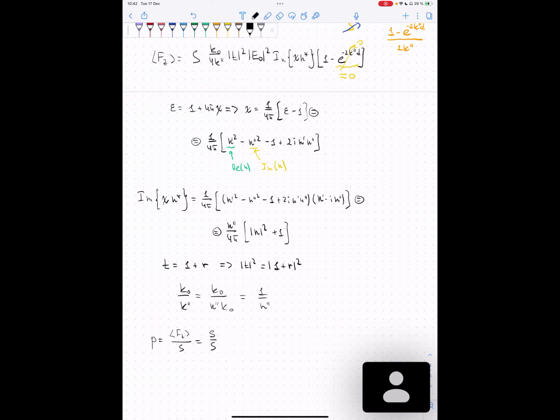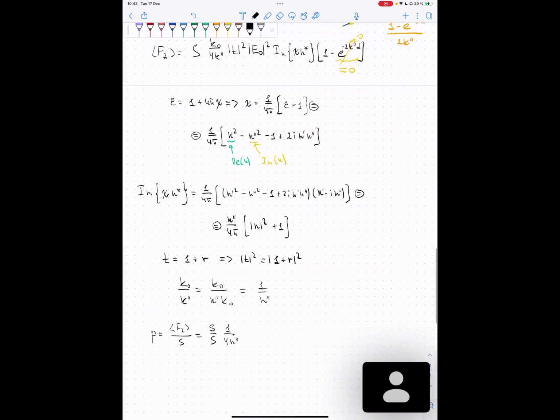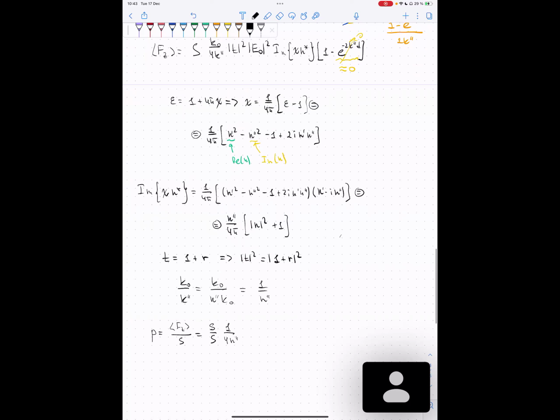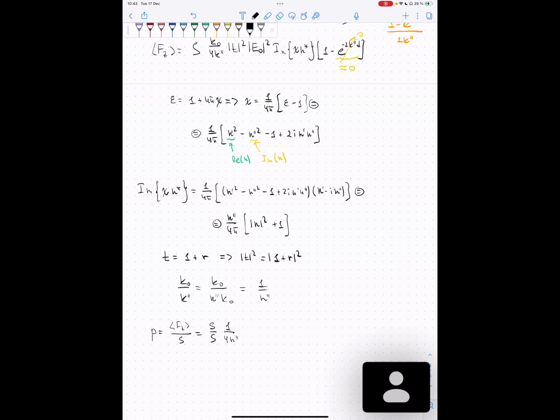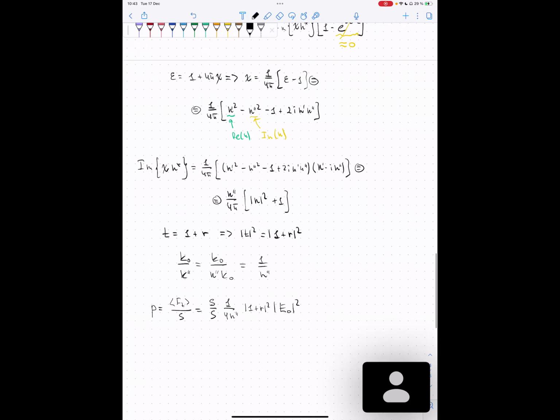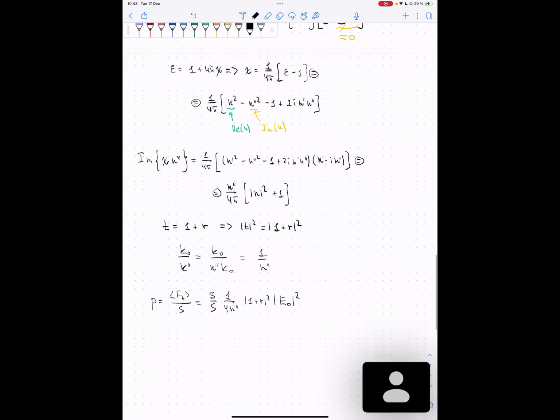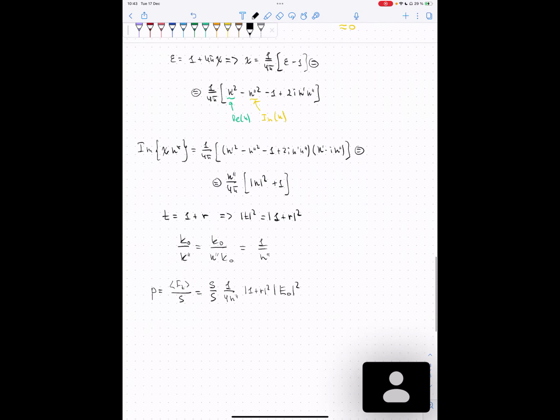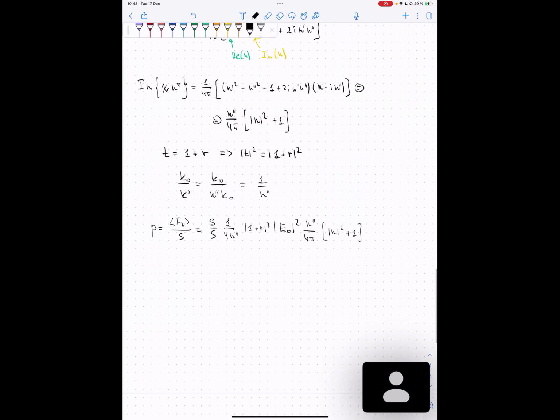Then we have 1 divided by 4 n double prime, then we have 1 plus r squared modulus of E0 squared. And we have an imaginary part which we write as n double prime divided by 4 pi multiplied by the modulus of n squared plus 1.